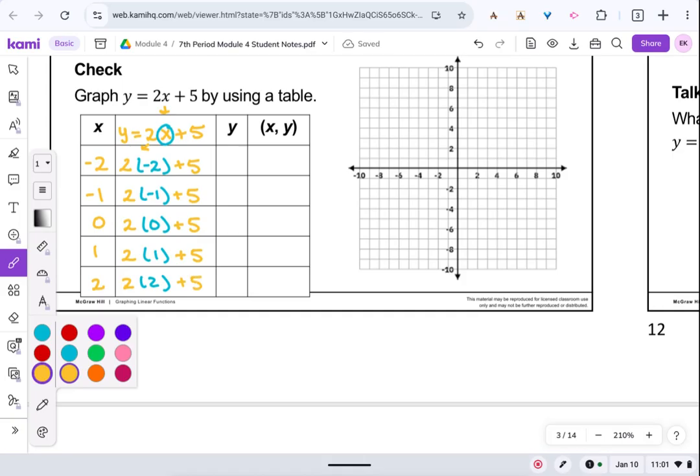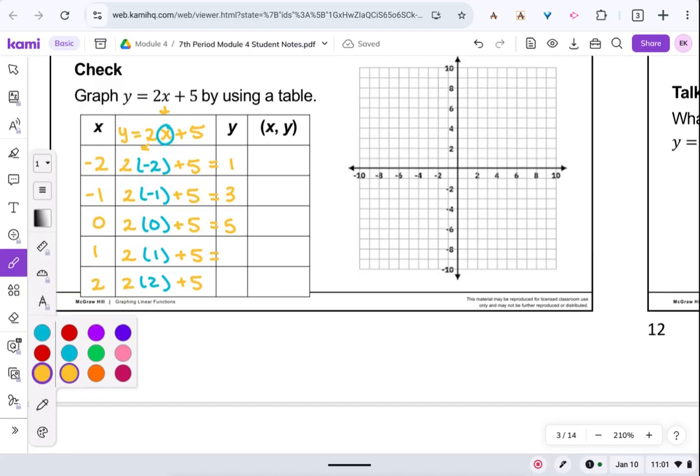All right, and then now we're going to calculate that middle column. You can use a calculator to do this. 2 times -2 is -4, plus 5 is 1. The next one will get me 3. Then 5.